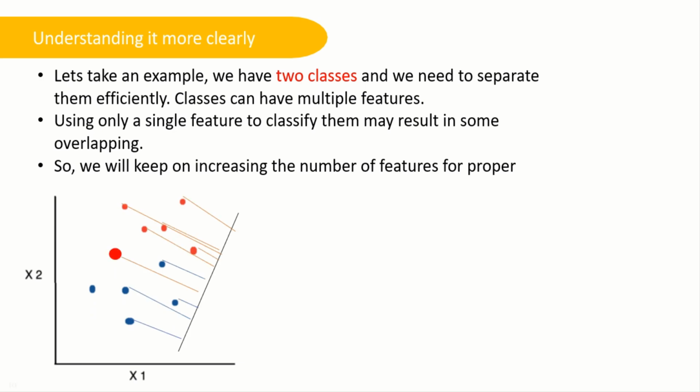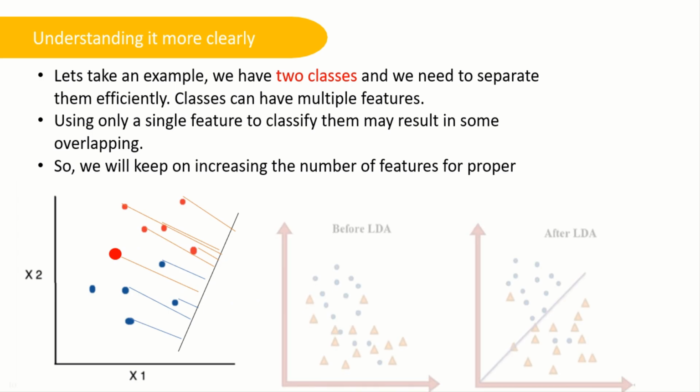Consider this example. In principal component analysis, we were finding this line onto which we can drop all the actual data points such that it can separate them. But you can see here there is a chance of overlapping, as the red point is on the opposite side, in the blue class. So in order to correct and improve it, we have LDA.